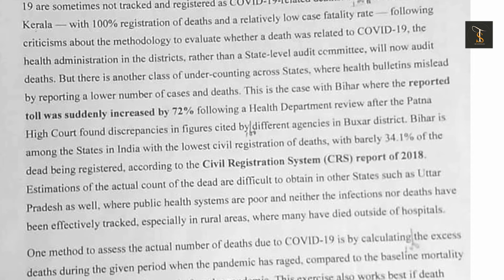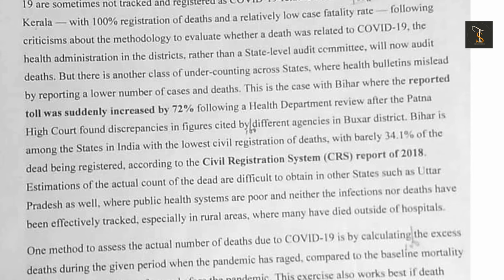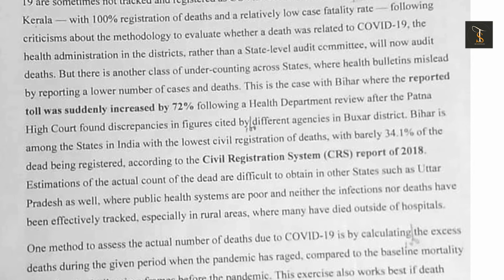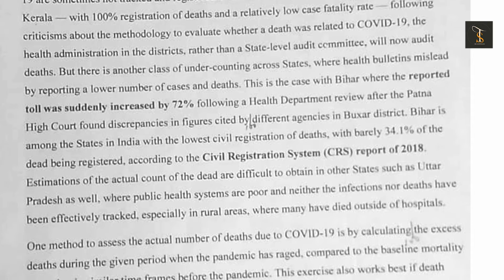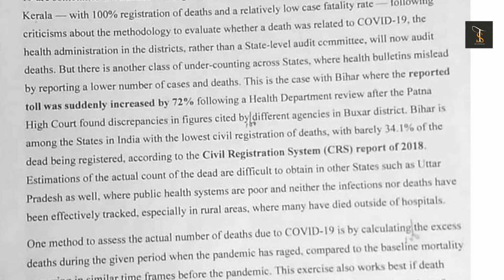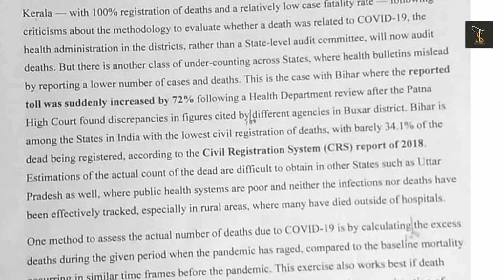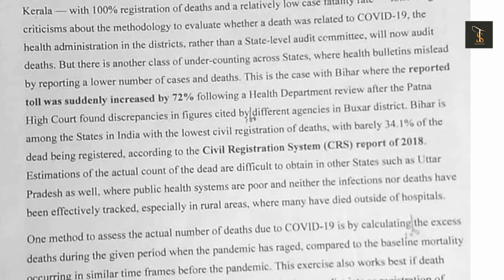But there is another class of undercounting across states where health bulletins mislead by reporting a lower number of cases and deaths.